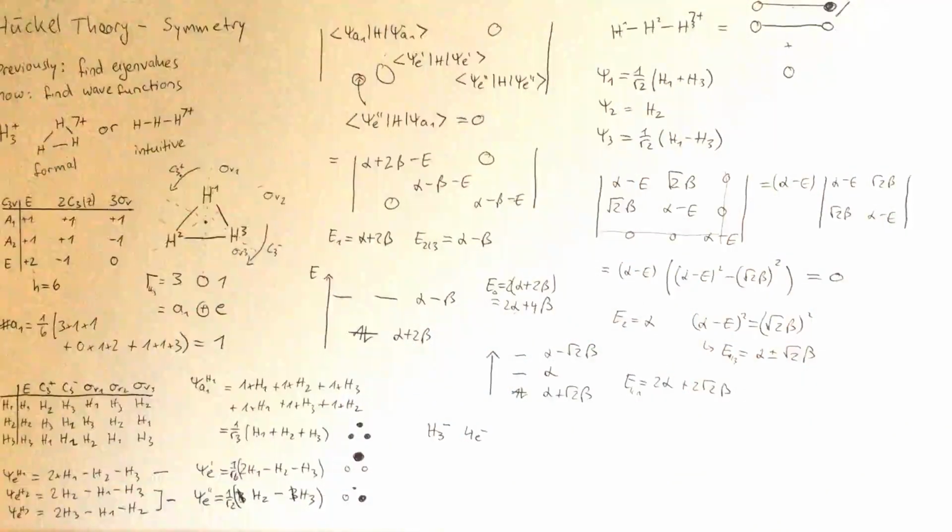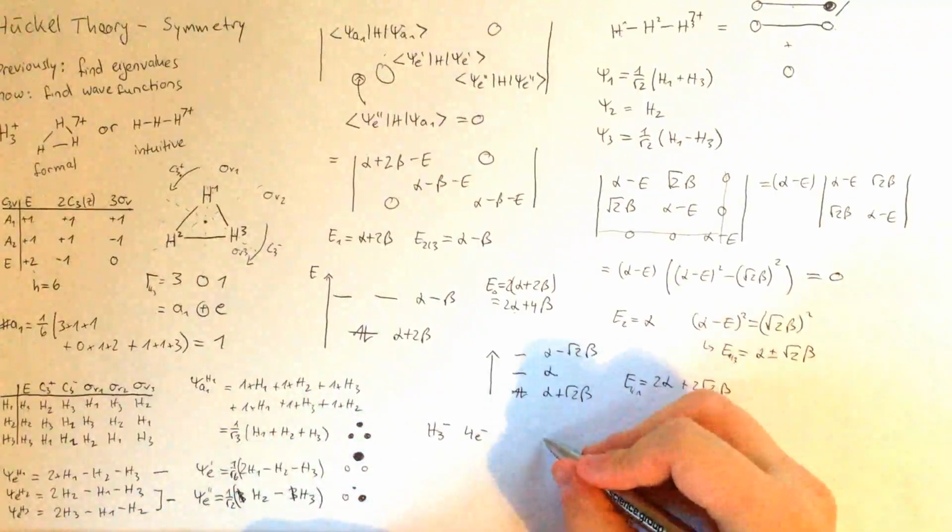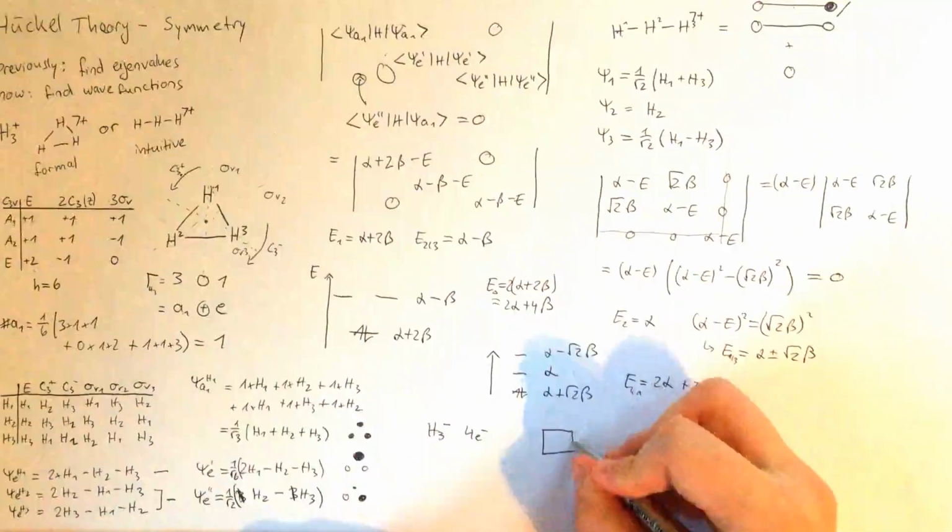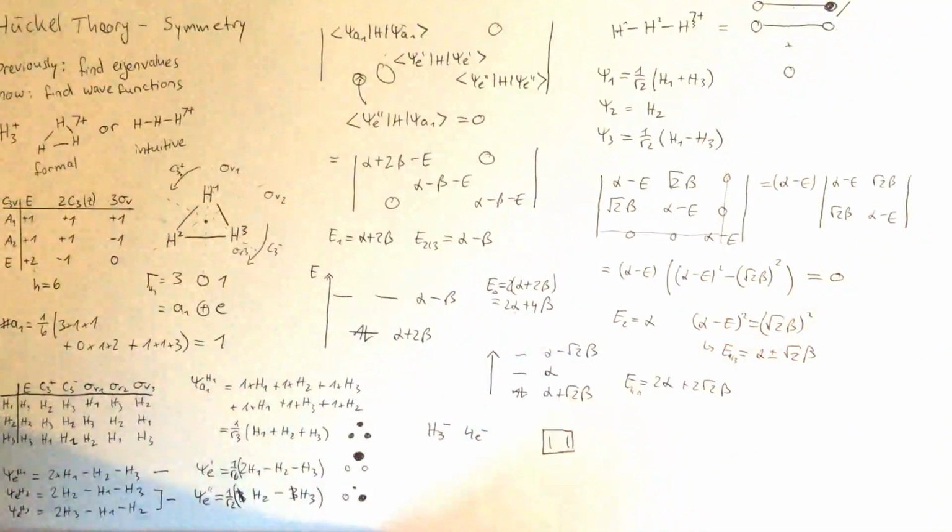This way we can use our results to predict the shape of certain molecules and see how the electron count influences this shape. I also want to come back to an example from the last video, which was cyclobutadiene, which looks like this.